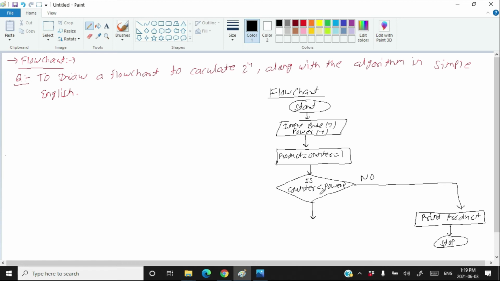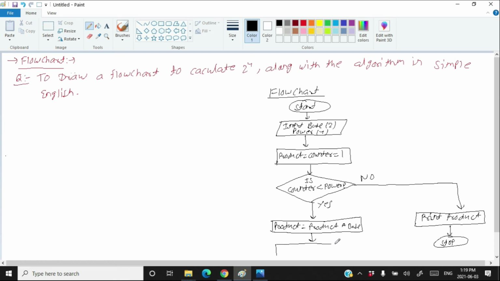So if this condition holds, then what do you do? Then you multiply: product is equal to product multiplied by base, and then increase the value of counter.